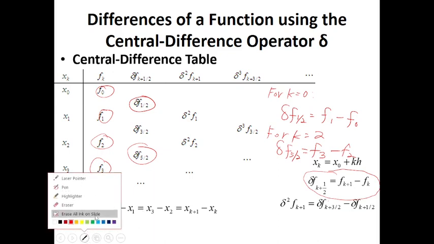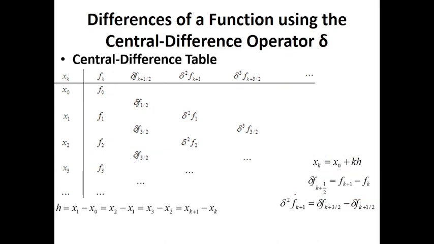Now, how about this? Let's say for k equals 1, this is delta squared f sub 2. 1 plus 3 halves is 5 halves, delta f sub 5 over 2. And 1 plus 1 half is 3 halves, delta f sub 3 halves.